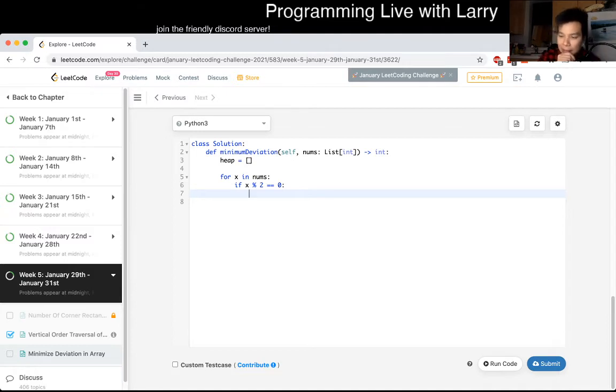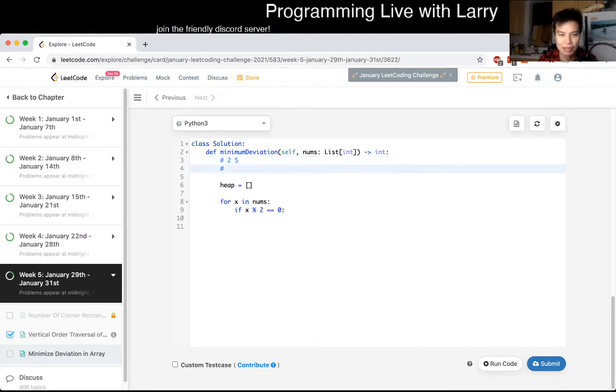Let me think about this for a second. Actually, I think maybe there's a weird case where, if the answer is 2 and, I don't know, 5, right? What does this mean? This means that the answer is actually 4 and 5. But we might not get to it with my previous strategy of just taking the biggest number while we can. So we might have to play around with multiplying by 2 until the smallest odd number or something like that, and play around with that idea, I think.